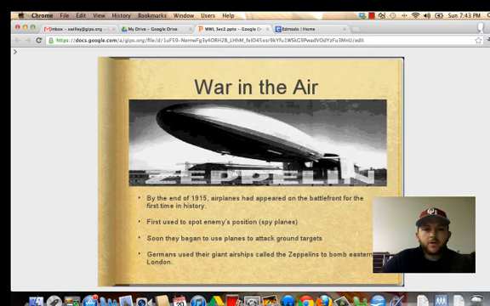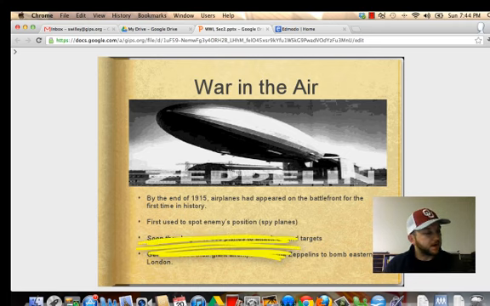But soon they are going to use planes to attack ground targets. And Germans are going to use airships called the Zeppelins to bomb eastern London. So there on your packet it talks about what were planes first used for. That's basically just to spot the enemy.